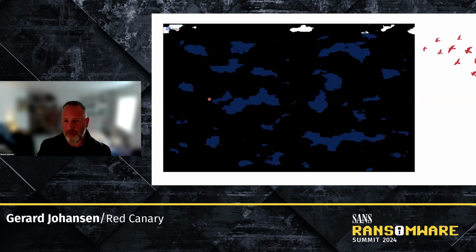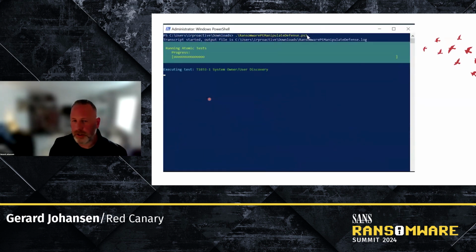So in this case, I'm going to use a manipulated defense PowerShell script that tests several different Atomic Red Team tests in sequence to see what actually happens. So this is essentially running these tests, and very simply, I'm pulling out some of, again, that threat intelligence, those TTPs, and this may take a second or two as it's working through this.